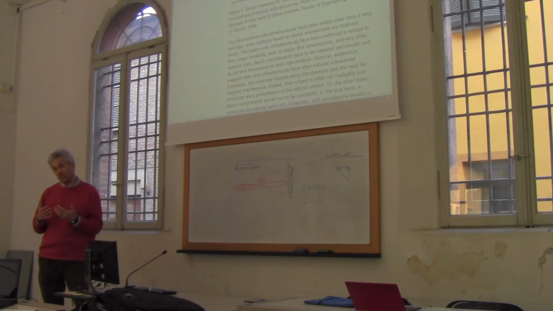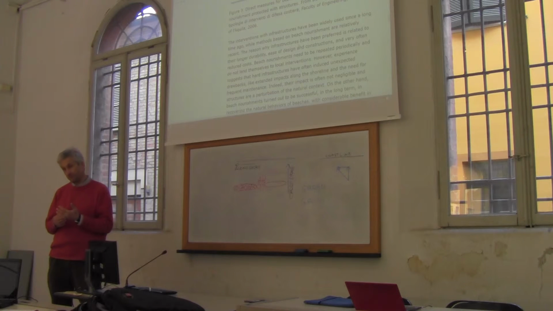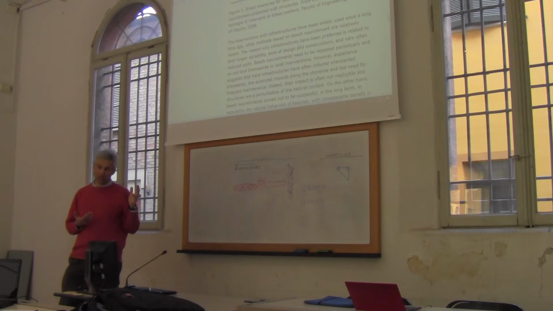It's almost always given by coupling different types of solutions in order to make your beach more resilient. Because this is a domain where uncertainty is dominant, and therefore you have to take into account that a certain type of solution may not be effective. If you couple different solutions, you may reach the optimal configuration.